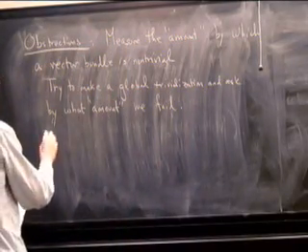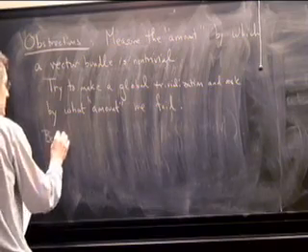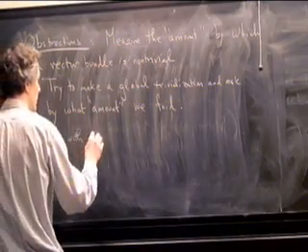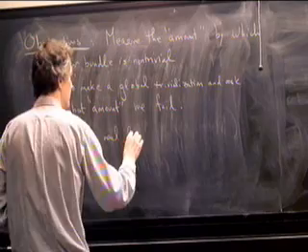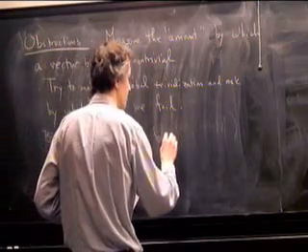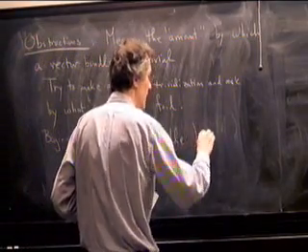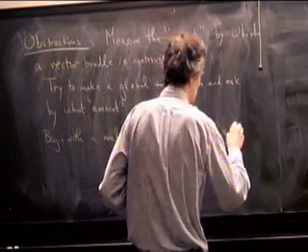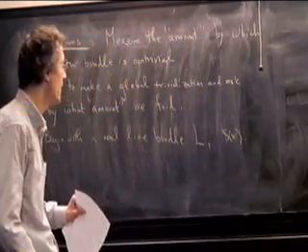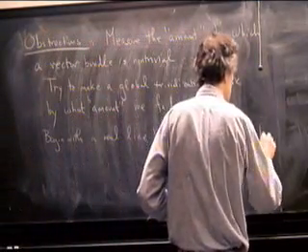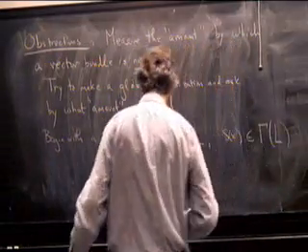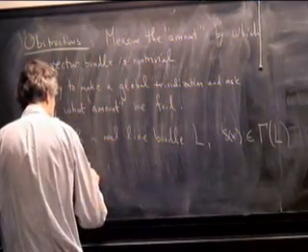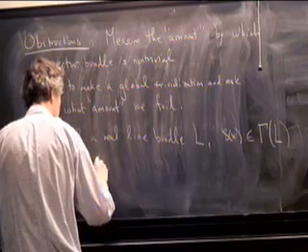So let's begin with a real line bundle L. And so we look at some section, s of x, which is a section of L. Well, this will be a global framing.